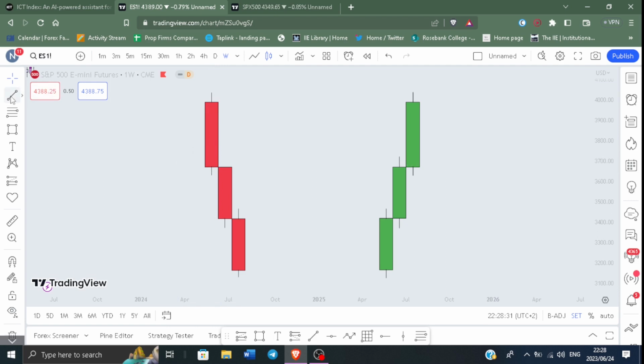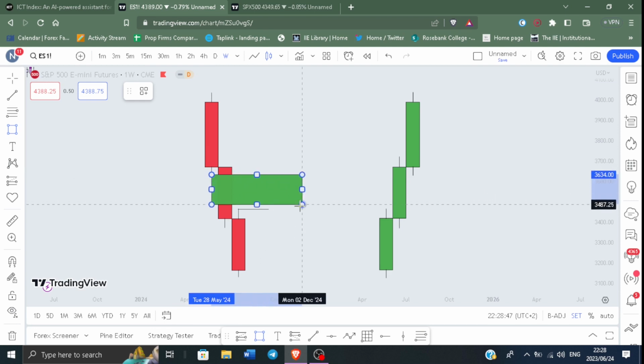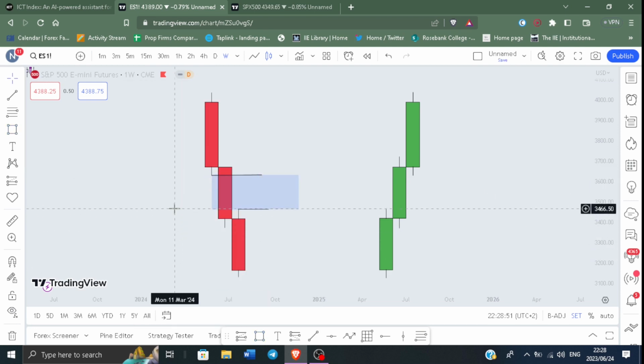When a wick and a wick do not overlap, that is when you have a fair value gap. If I take out my rectangle and mark it out here, that would be our fair value gap.